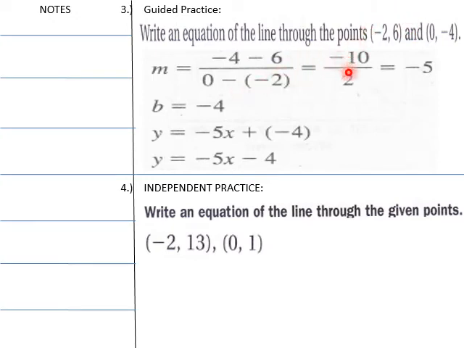And then this comes to negative 10 over 2, which is negative 5. There's our m. And then b is negative 4. Do we know that? Well, we do. Actually, when x equals 0, y equals negative 4. You should be looking at those points and figure that one out. And then so we have negative 5x plus a negative 4. And then simplifying further, we have negative 5x minus 4 for this line here.